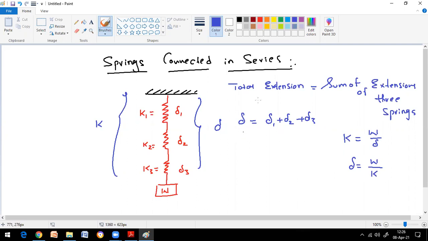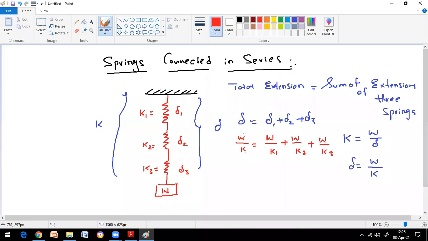Let me write this as W by K is equal to W by K1 plus W by K2 plus W by K3. Why is the load constant? Because the load is acting axially on the whole unit. So the load carried by the first spring will be the same as the load carried by the second spring, and as usual the load carried by the third spring also will be the same.